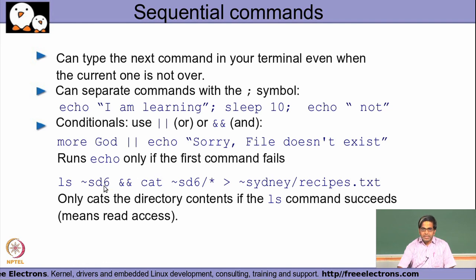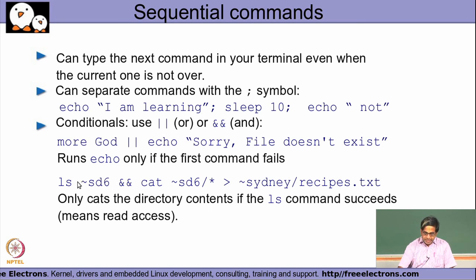On the other hand, if this has been successful, wherein SD6 is a valid user and we also have a home directory for the SD6 user, then the shell will try to run the second part of the expression also, because the AND operation is given, and this AND operation will run when the first part of the expression has a true resultant value.